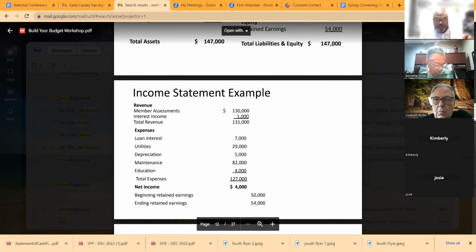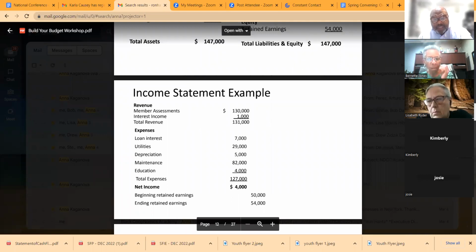And so the interest income is the interest that she's generating as a result of having this member assessment in a bank or some income generating account.